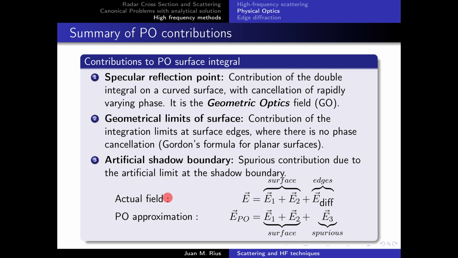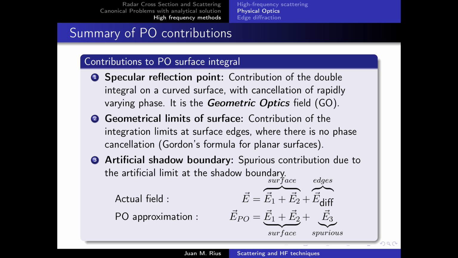If you compute the actual field using, for example, method of moments, or in the case of a cylinder the analytical solution for the canonical geometry, in the exact field what do you have? You have the contribution of the specular reflection point, the contribution of the geometrical limits of the surface, and then the contribution of edge diffraction at the edges that limit the surface. This is something that we will see at the end of this chapter.